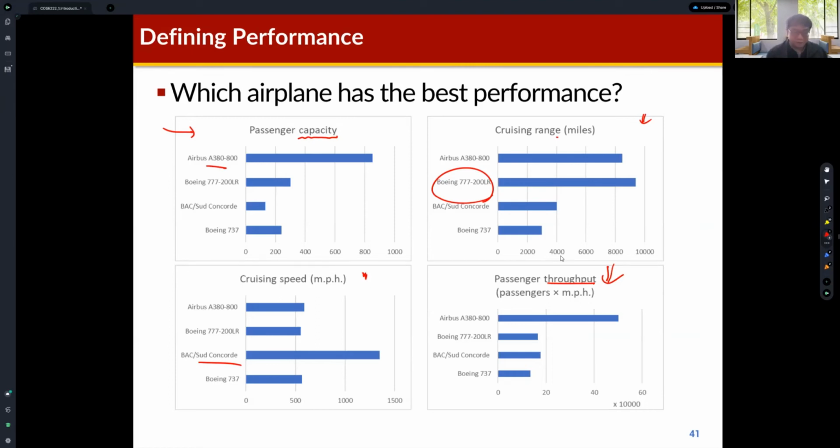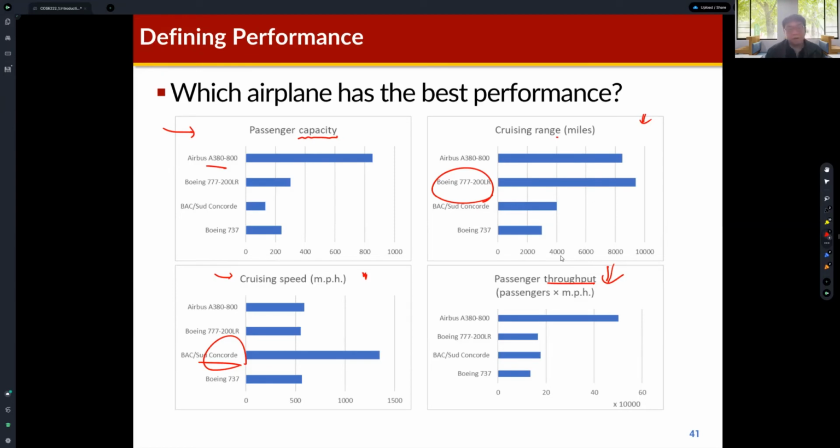But if we just focus on the cruising speed, which one is the best? Concorde. So if different performance metrics are considered, the best airplane can change.